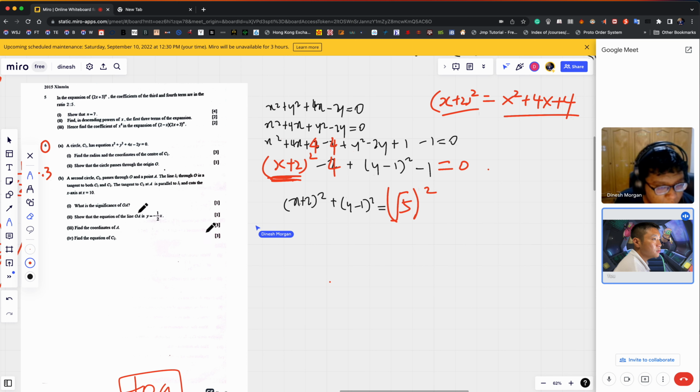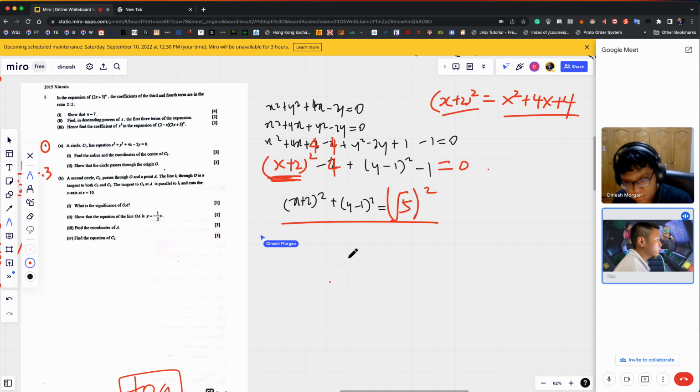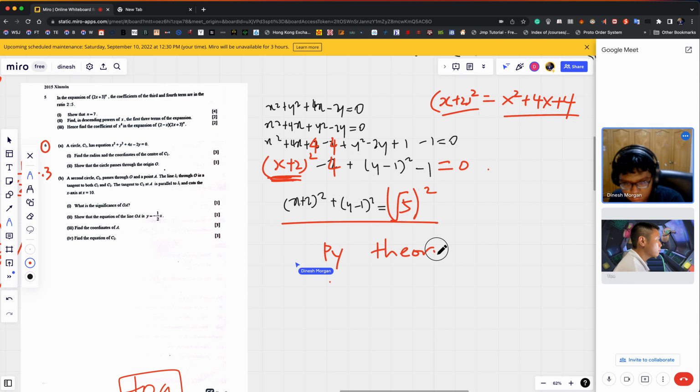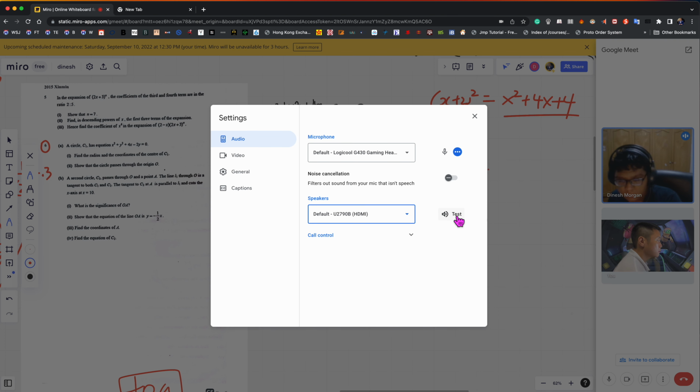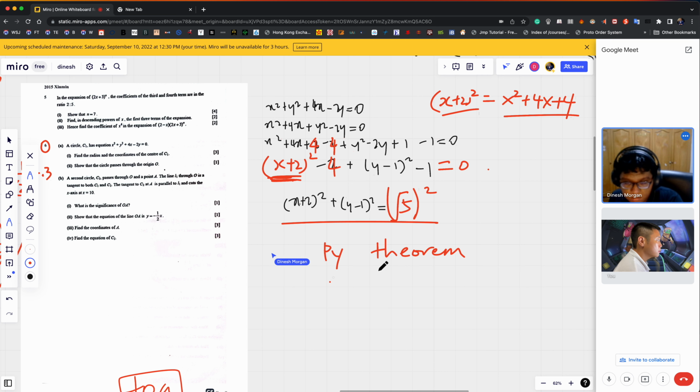Did I talk about this format, right? This format, the equation of the circle, is actually using the Pythagoras theorem. Did I talk about that? Let's talk about it.